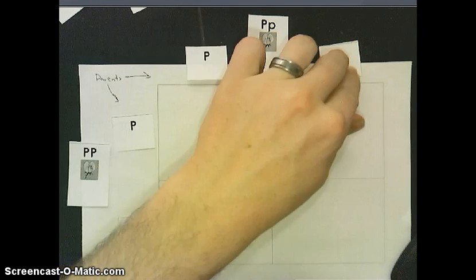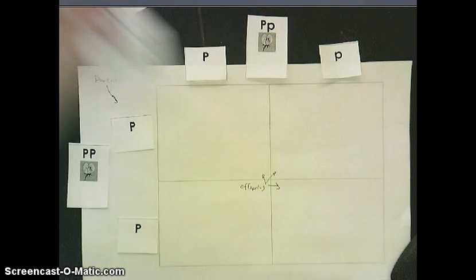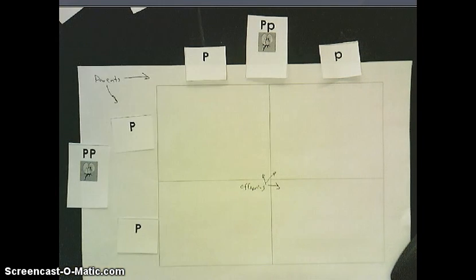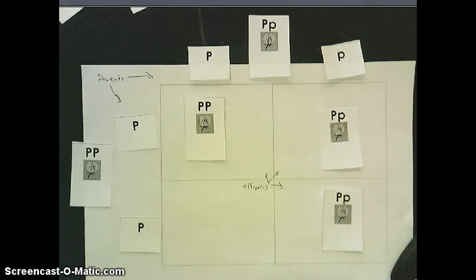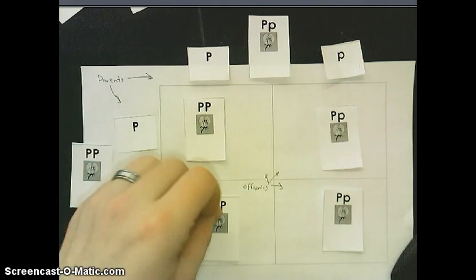After we do the crosses, we are going to have capital P lowercase p here, capital P lowercase p here, capital P here, and capital P here.